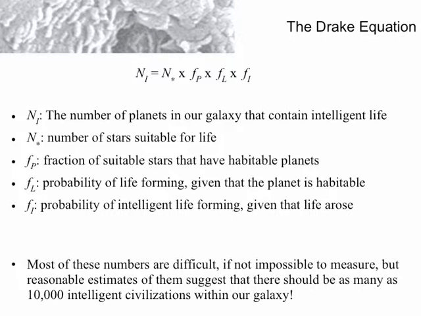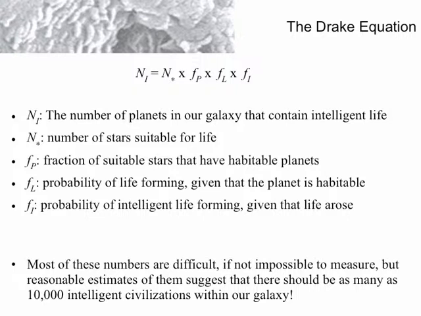That should be roughly equal to the number of stars. First, you need the number of stars that are suitable for life. Then you need the fraction of those that actually have habitable planets. And then you need the fraction of those that have life forming on them. In other words, that not only is it habitable, but that it is inhabited.